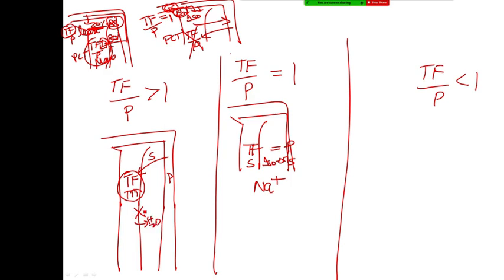So substance is not moving, that's inulin. Only water is leaving. Therefore, what will happen to inulin? As it goes lower and lower down, as water gets reabsorbed, it's getting more and more concentrated. Therefore, where will inulin concentration reach maximum? Where will be the TF/P ratio for inulin maximum?